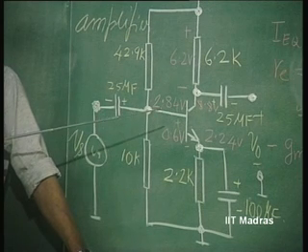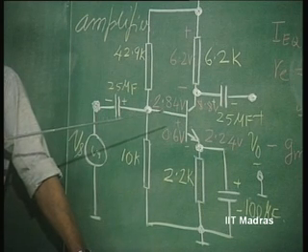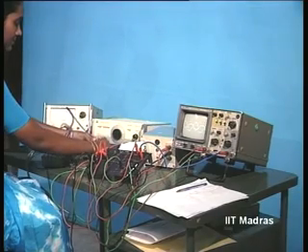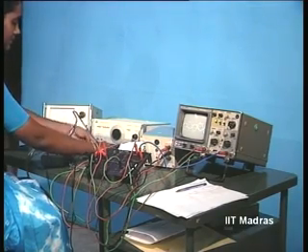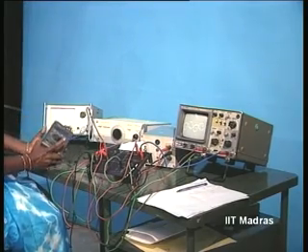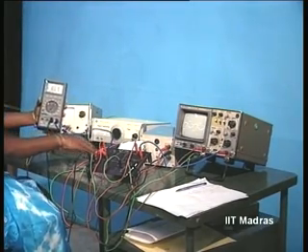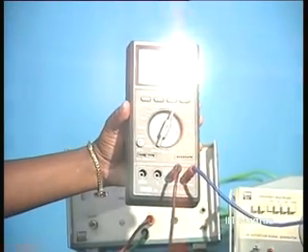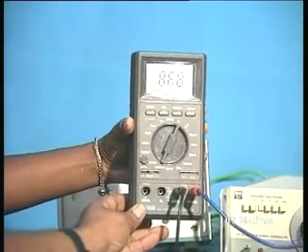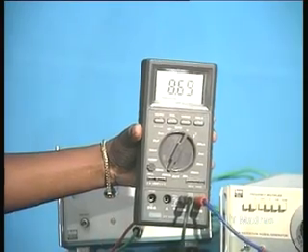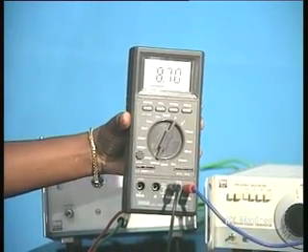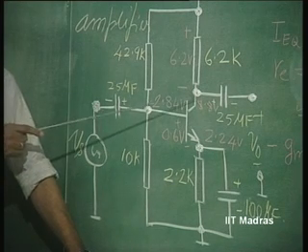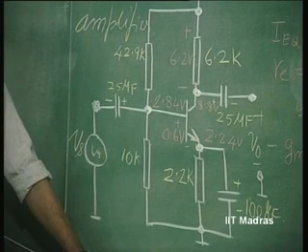Once again, she will now connect it to the collector terminal, which should be around 8.8 volts DC potential. So you have that voltage, 8.68, which is pretty close to 8.7 volts, which is pretty close to the expected value.